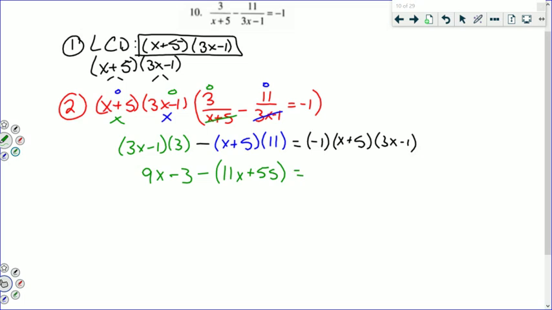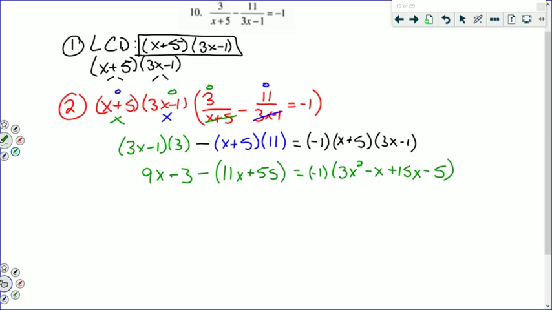Equals, again, we're going to keep track of this negative 1. X times 3x gives us 3x squared. X times negative 1 is negative x. 5 times 3x is plus 15x. 5 times negative 1 is negative 5.